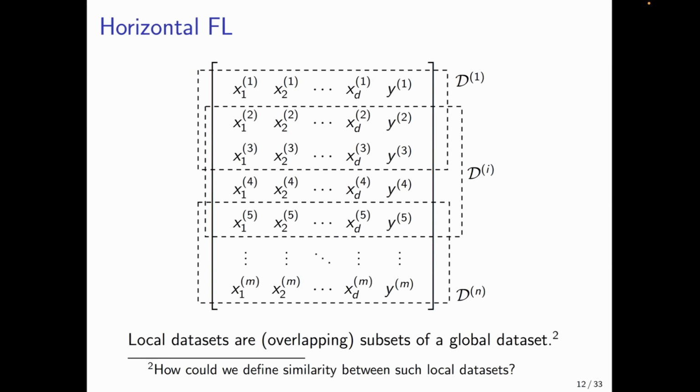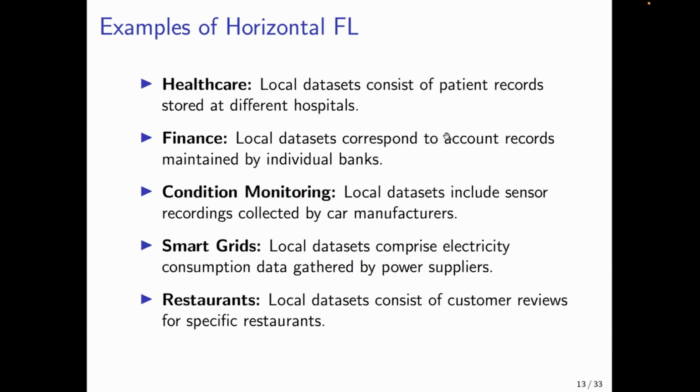So you can use these statistics of certain features or labels, or the relative distributions of labels or features as an indicator for putting an edge between two local data sets.